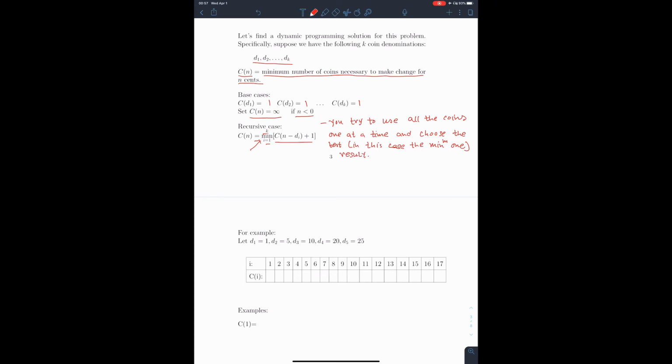For example, if you had only two coins, 1 and 5, and an amount n to make change, your two choices are make change for n minus 1 or n minus 5, and take the minimum of the number of coins needed from A and B and add 1 to that answer to get the change for Cn.